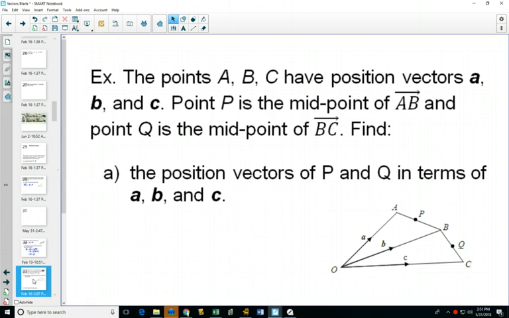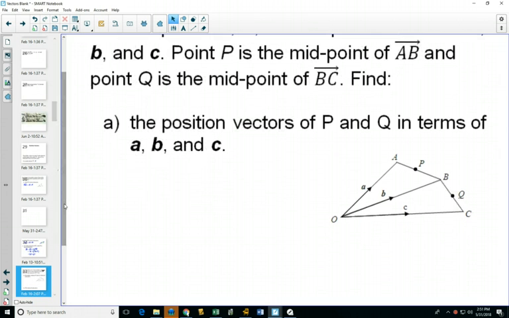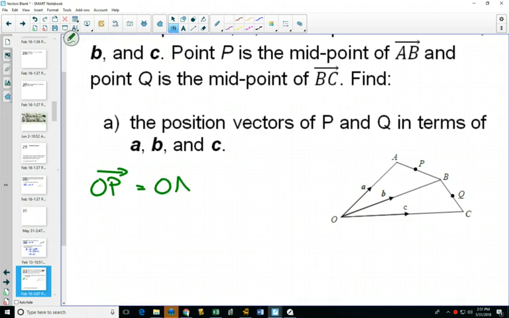So again, we want to figure out O to P. How could I get there? I could get from O to P by first going from O to A, and then going halfway from A to B. That would start at O and end at P.